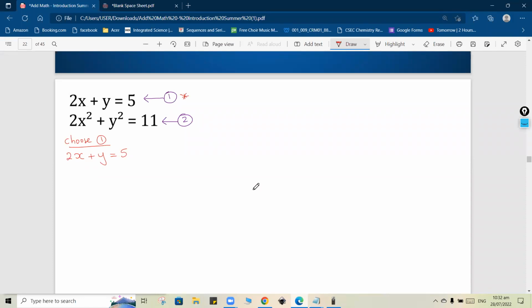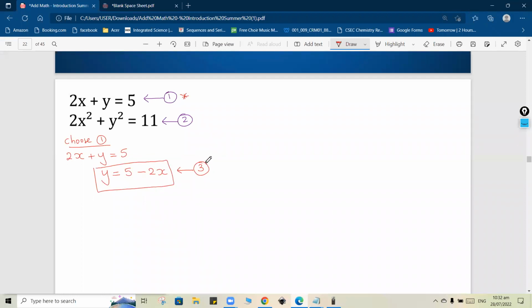Which one is easier to make the subject today, x or y? It's definitely going to be y. To make y the subject, all you have to do is throw across 2x, and it becomes minus 2x, and this becomes equation 3. All right?